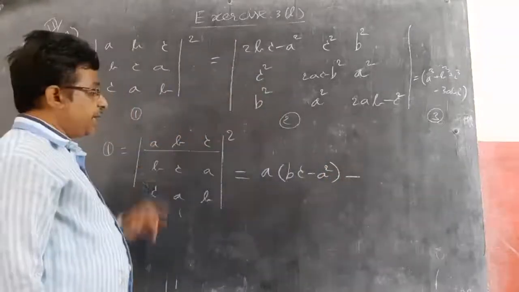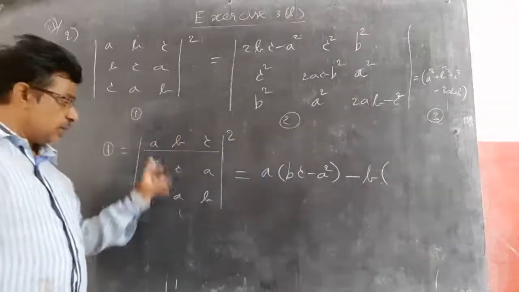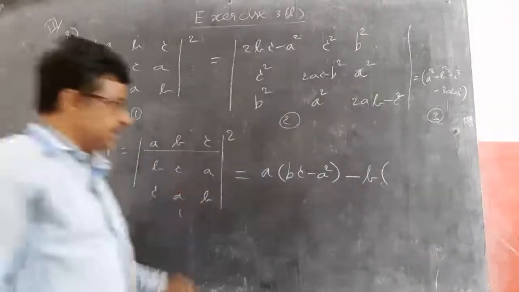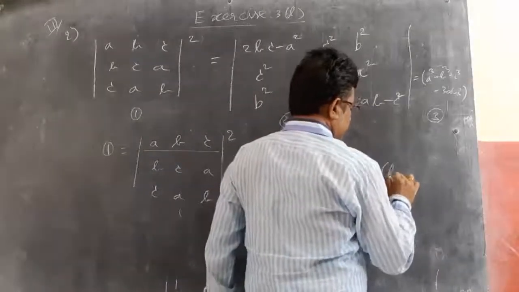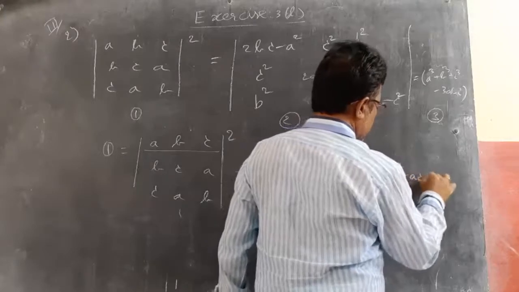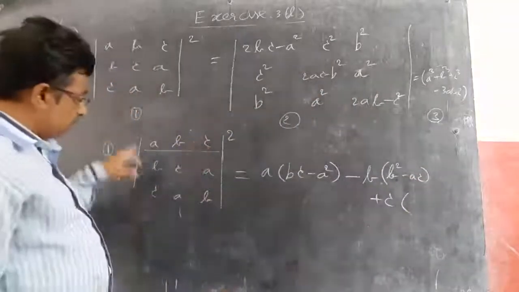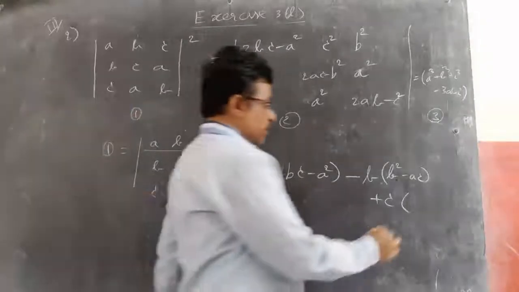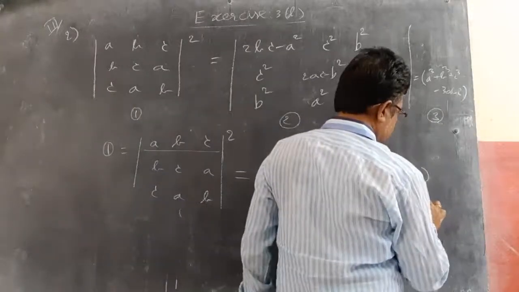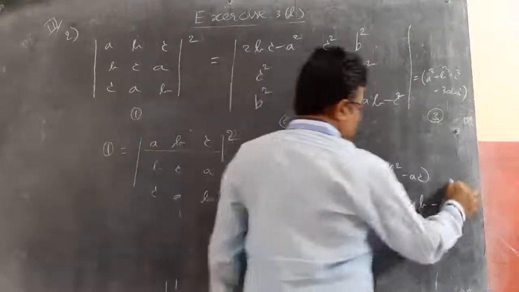Minus b into, plus minus plus I told, again excluding that row and column, (b square minus ac). Plus c into, again excluding this row and column, (ab minus c square). Just expanding the determinant according to the first row.